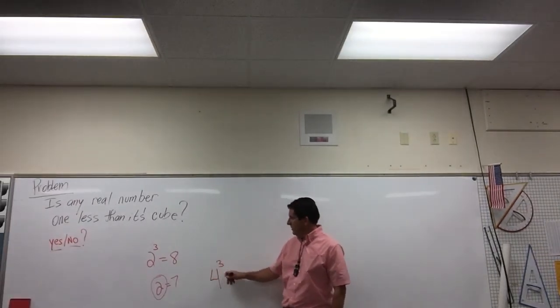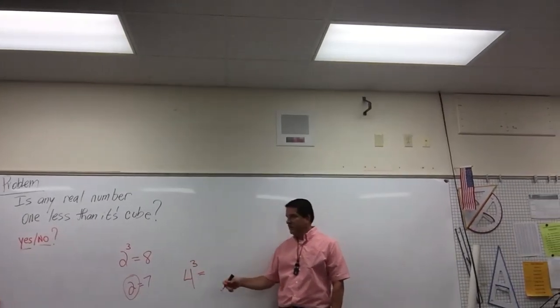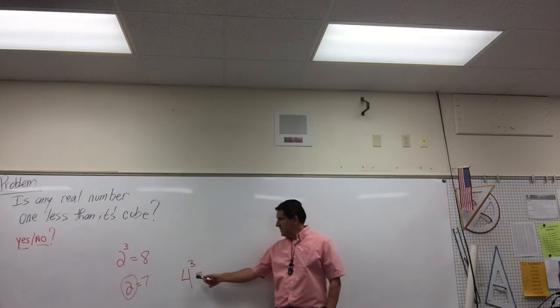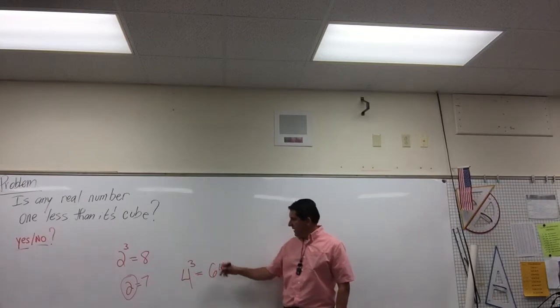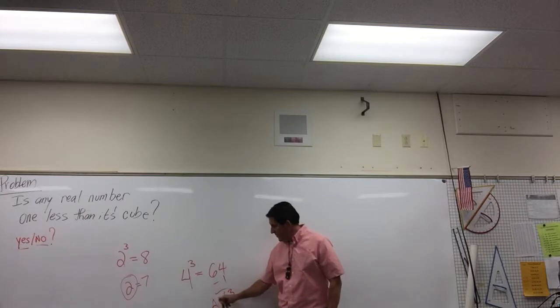Seems like the bigger you get, the worse it gets, right? 4 cubed, 4 times 4, 16 times 4. Do you guys know how to multiply by 4? Really easy. You double a number and then you double it again. So 16 times 4, you double 16, you get 32, and then you double 32, you get 64. So you take away 1, you get 63, and 4 is not equal to 63.